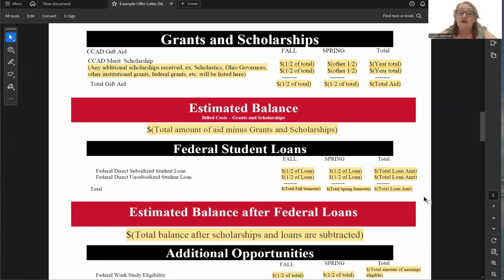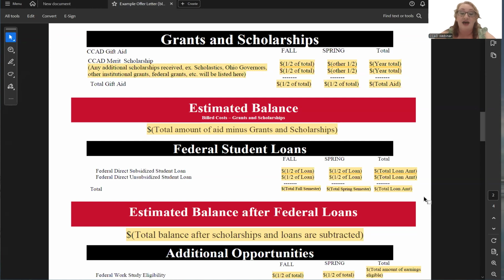Now, if you want to borrow the federal direct unsubsidized student loan, this means that you can borrow that amount now, but the interest rate starts accruing now, all right? We'll talk a little bit more about the federal loans in a second, but those are the big differences between the two. You have the option of borrowing both of those loans, one of those loans, or none of the loans, depending on what you and your family think you need, okay?